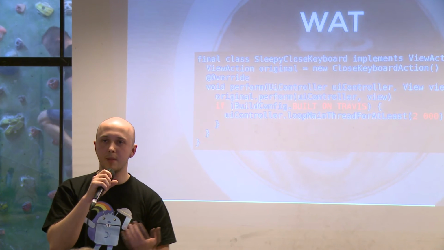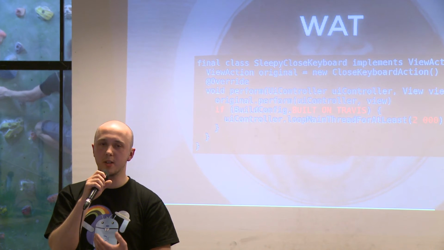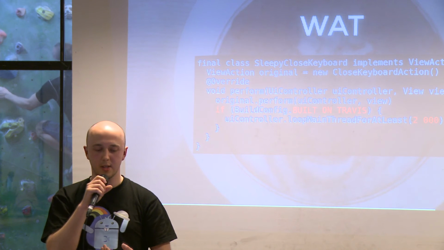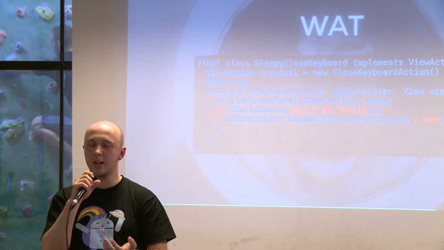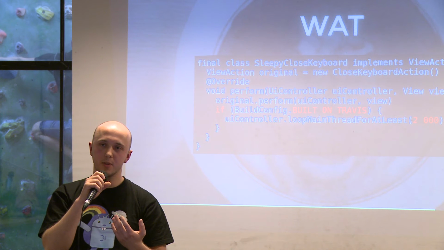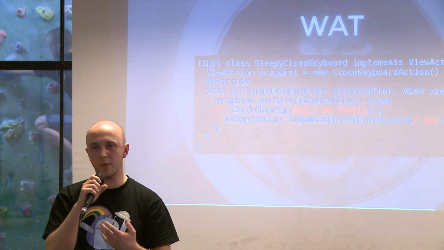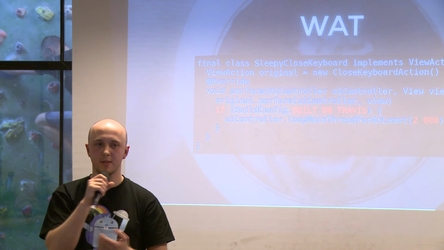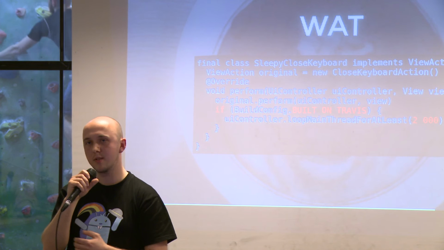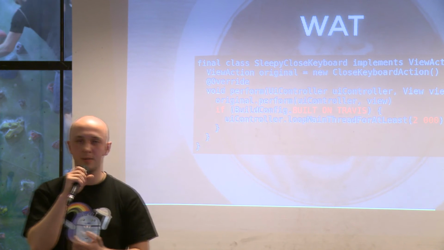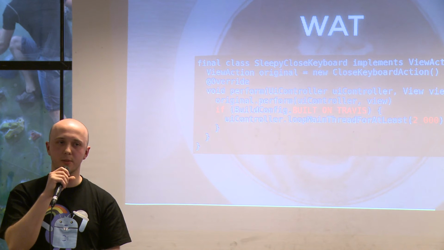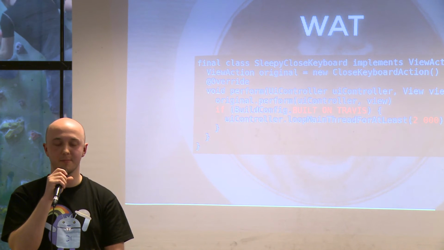But on Travis, we actually have failures on every test with login screen, so we had to add a line to slow it down. So we overwrote our close keyboard action, so every test with edit text slows down, but then it's all green, so it's better green than fast.